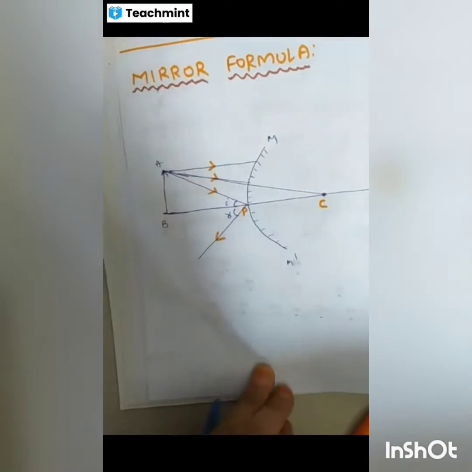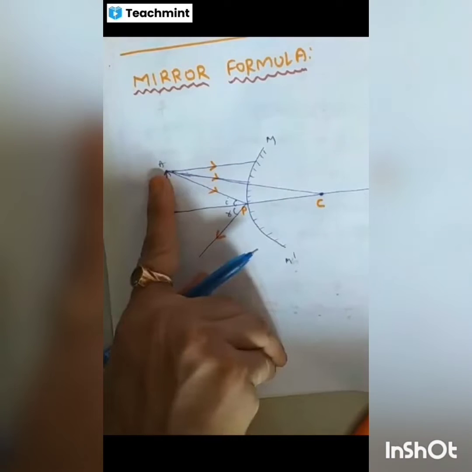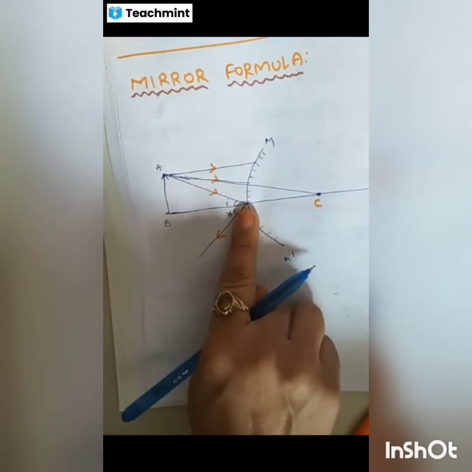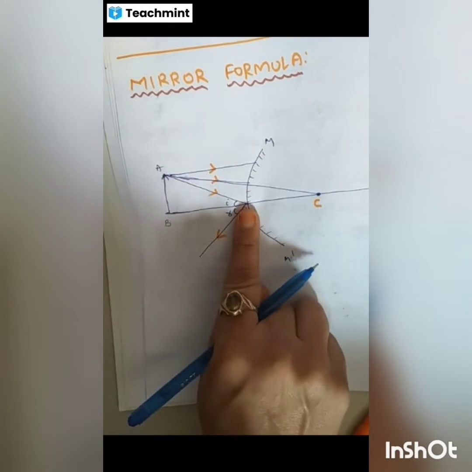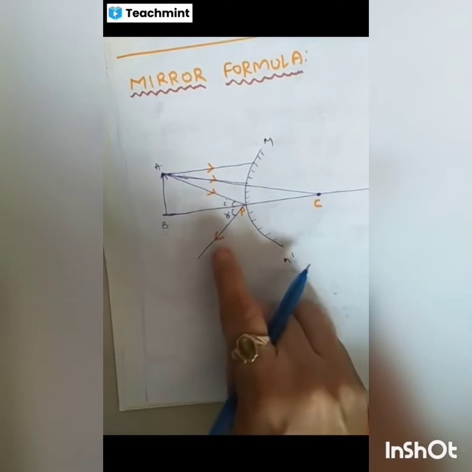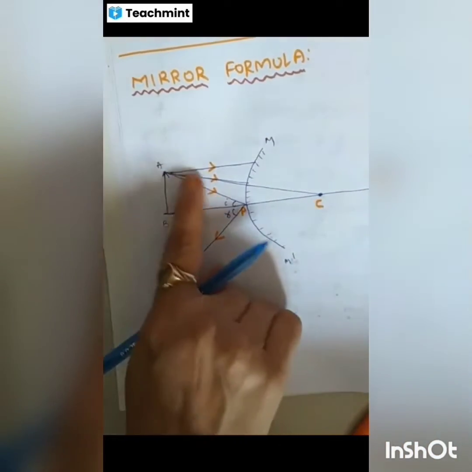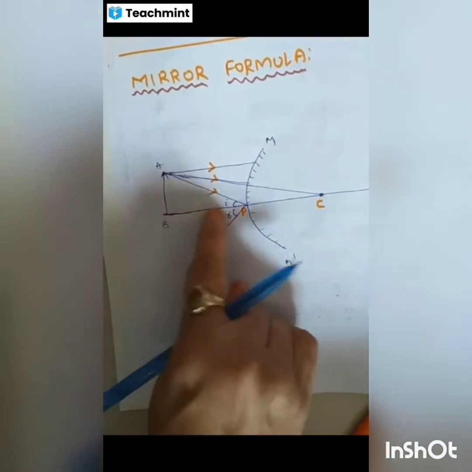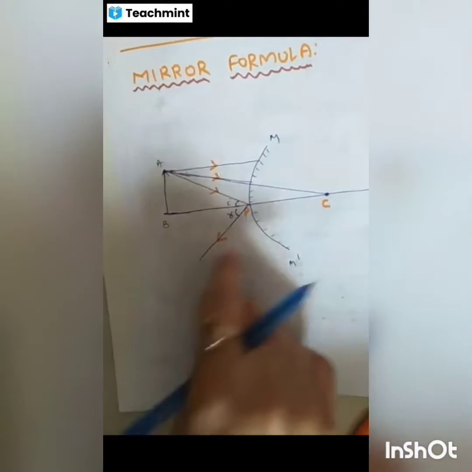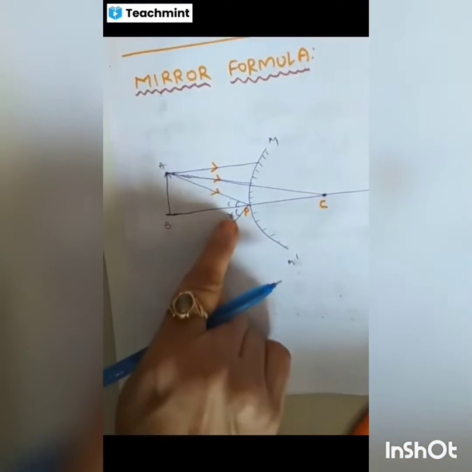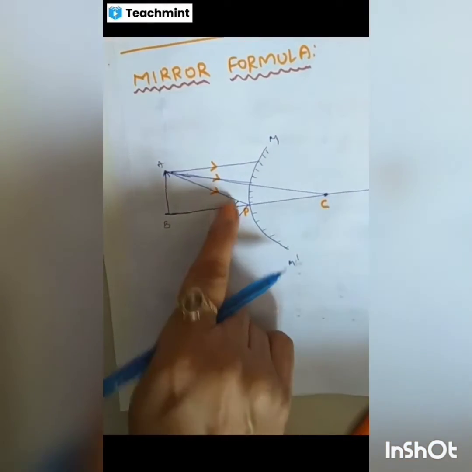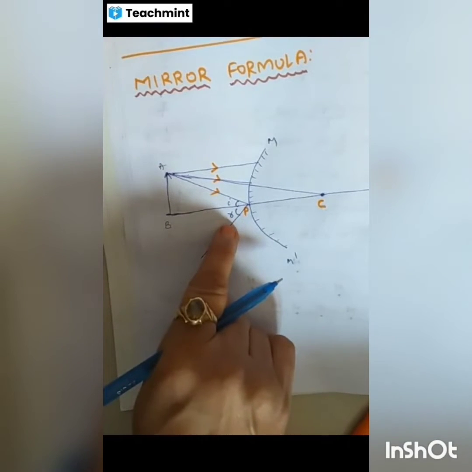The first point we have to remember is the light ray which is incident at pole P, the reflected ray obeys all the laws of reflection. All the laws of reflection means what? The incident ray, reflected ray and the normal drawn are in the same plane, as well as I is equal to R, is it not? So that's why I am writing here I is equal to R.